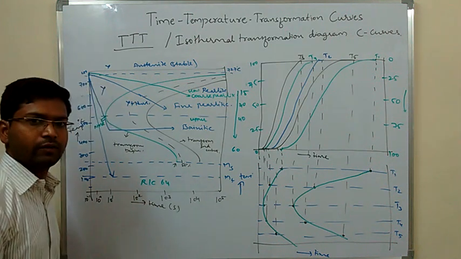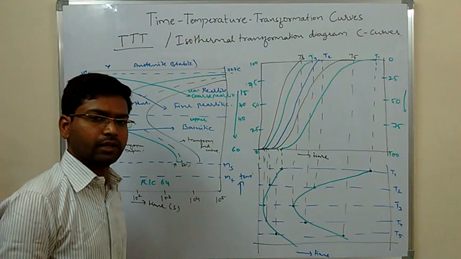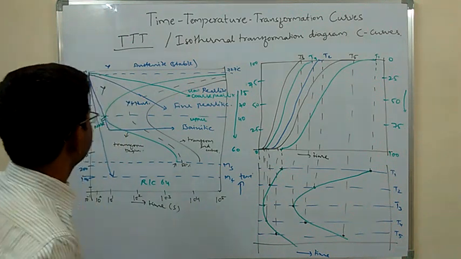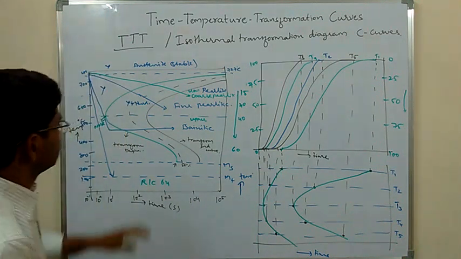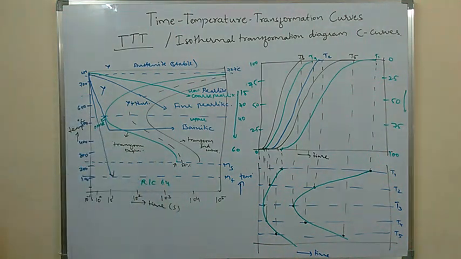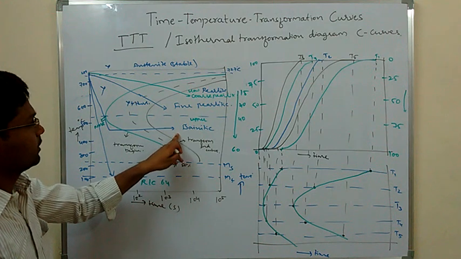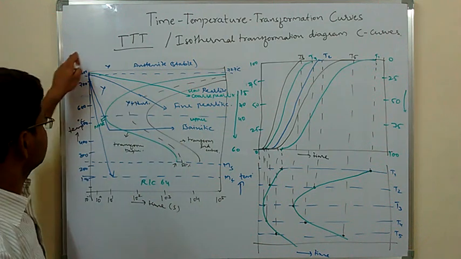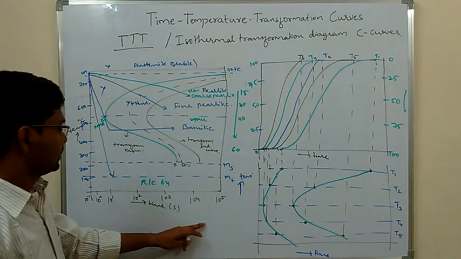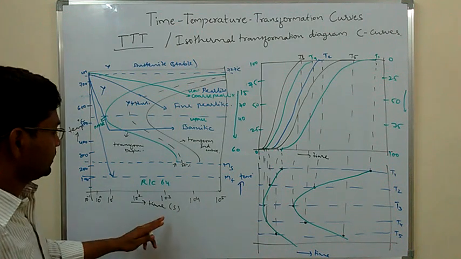Martensite is the hardest material. And here these are the C curves, transformation beginning curve, transformation end curve. So this gives all the idea about the transformations with respect to temperature and time.